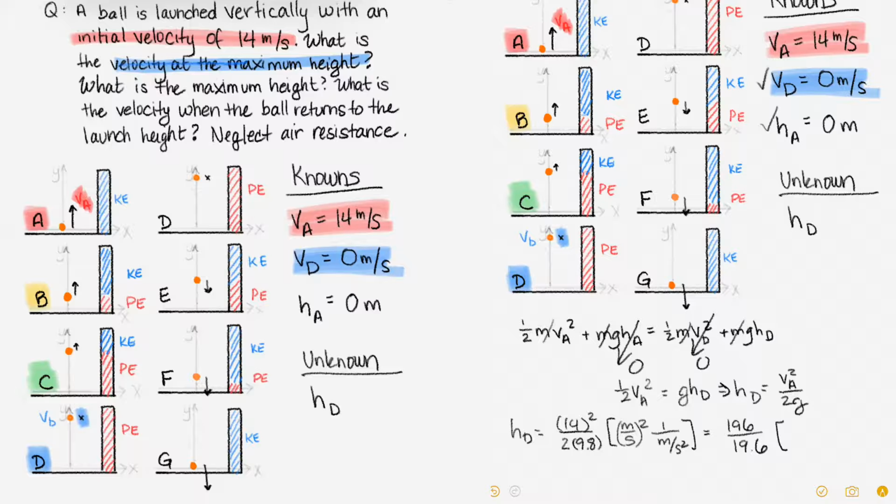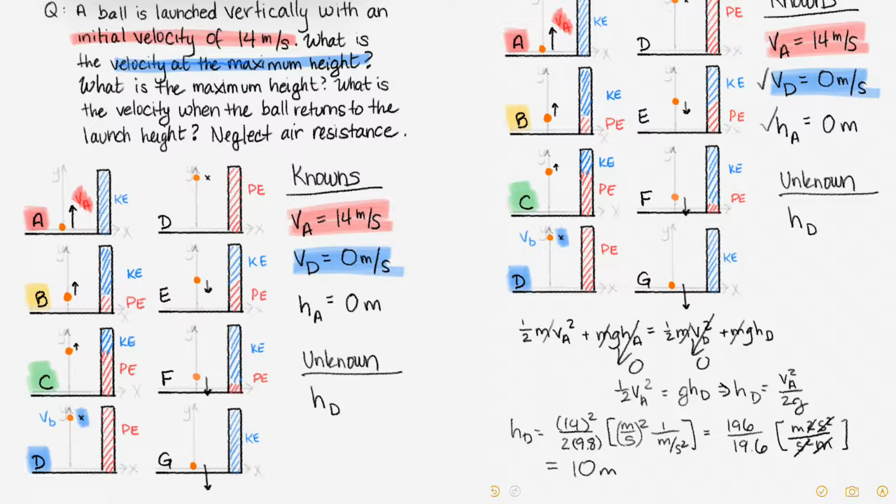And this simplifies to meters squared over seconds squared, divided by meters over seconds squared. The seconds cancel, and one of the meters cancels, leaving us with a singular meter. 196 divided by 19.6 equals 10. And we're left with meters, which is great since height is measured in meters.